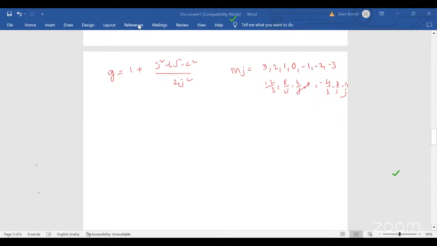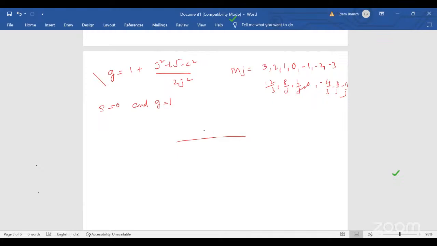Okay, 1D2 to 1P1. So for 1D2 to 1P1, you'll have S is equal to 0 again and we have G is equal to 1. Okay. So in this case, J will be splitting into 5 different sublevels, like 0, 1, 2, 0, minus 1, 2.